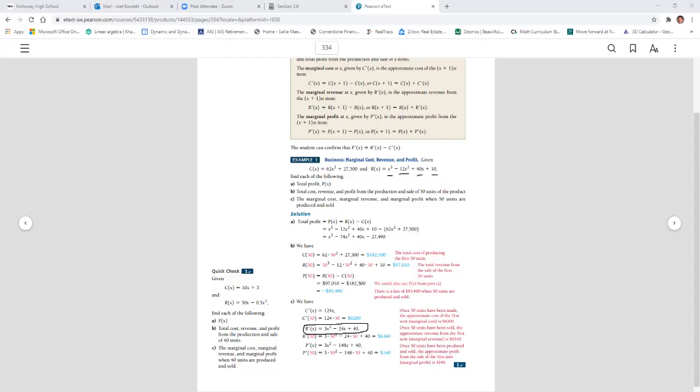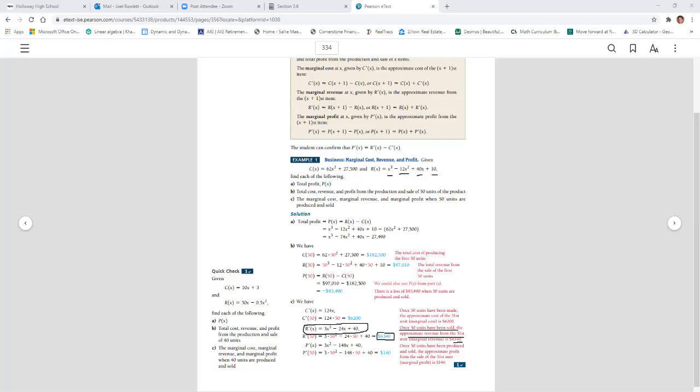And once you get the marginal revenue equation, just plug in 50, and you will see that the marginal revenue is 6,340. And what does that mean? It means that once 50 units have been sold, the approximate revenue from the 51st is 6,340. So this is a good way to tell exactly how much money you're going to make once you make the next item.